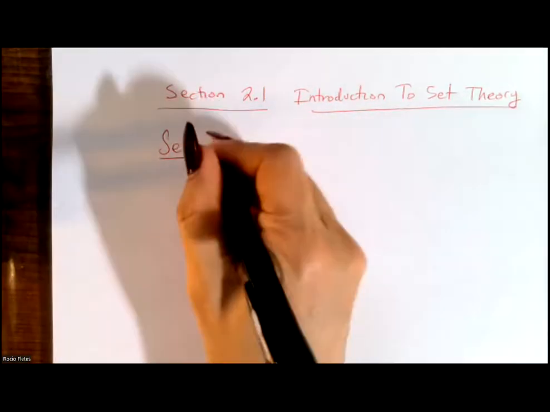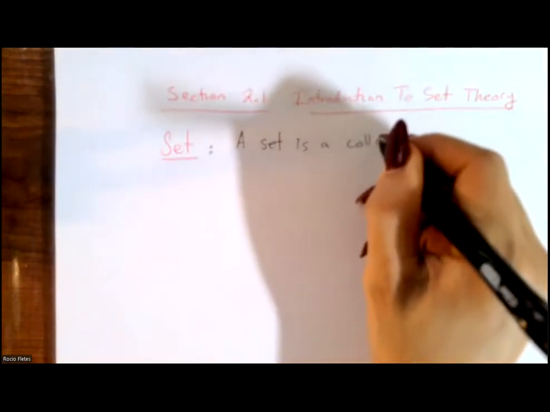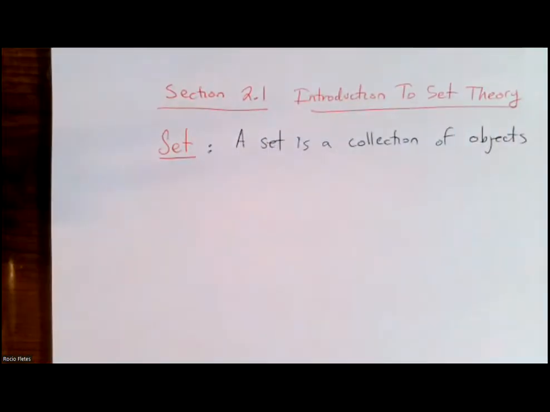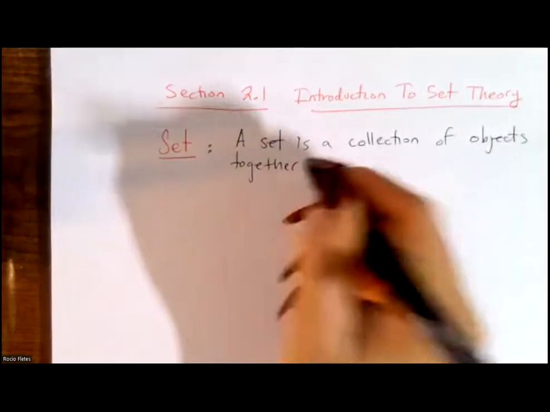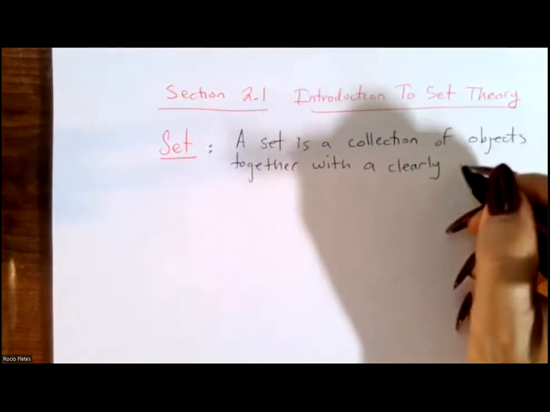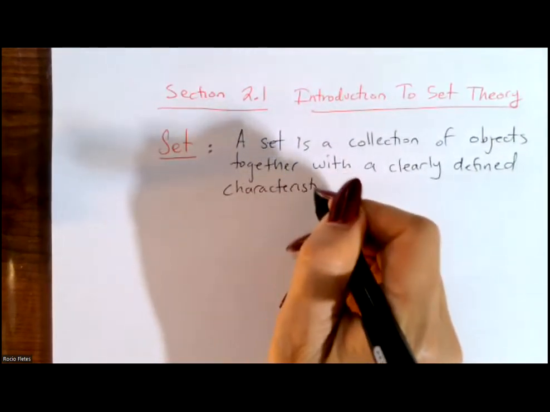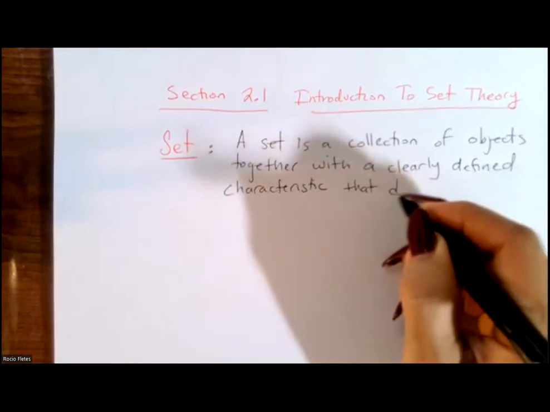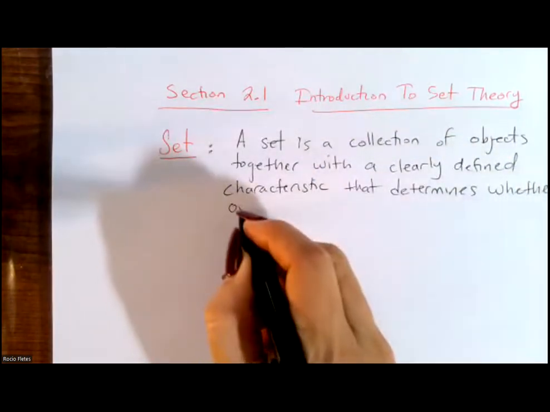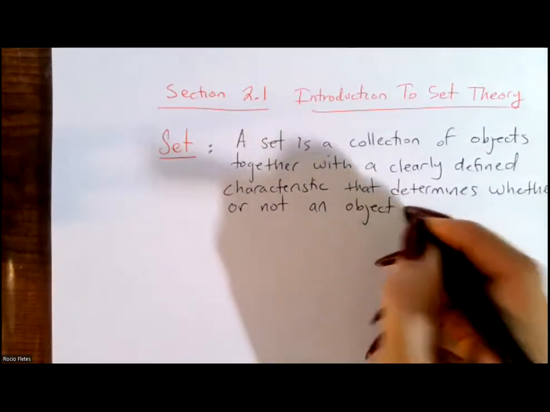So let's define a set. A set is a collection of objects together with a clearly defined characteristic that determines whether or not an element, an object, belongs.